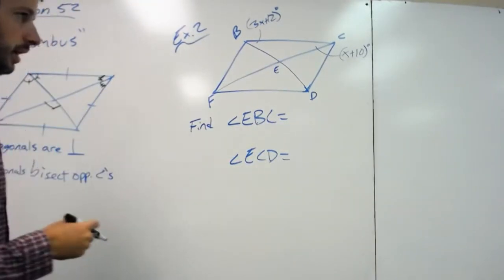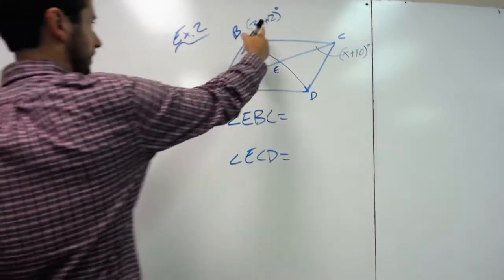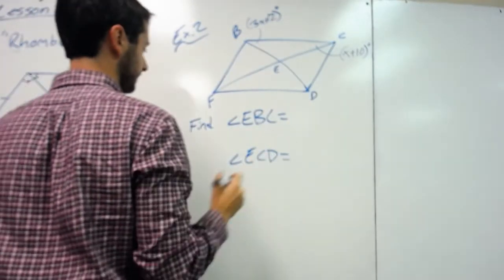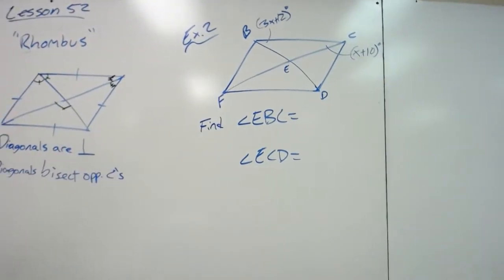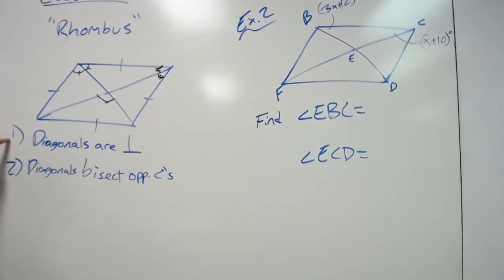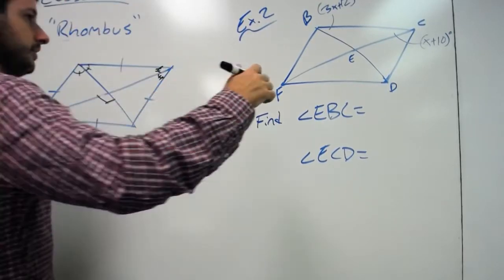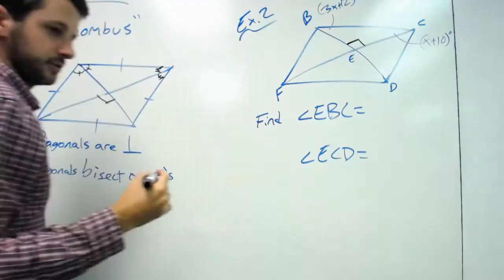Well, how can we solve using those? These are not congruent and they're not supplementary. So what other properties of rhombuses do we know? Well, let's look at our properties. This one says diagonals are perpendicular. Okay, well, let's see if we can use that. If this is a rhombus, its diagonals are perpendicular.